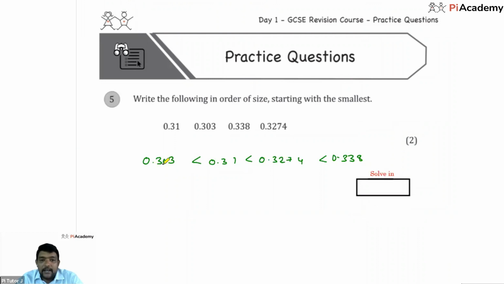Okay. See, you're asked to arrange starting with the smallest. So 30 is the smallest, and then 31, and then 32, and then 33. Right? You see that? 0.303 is the smallest, and then you have 0.31, and then you have 0.3274, and then the largest is 0.338.